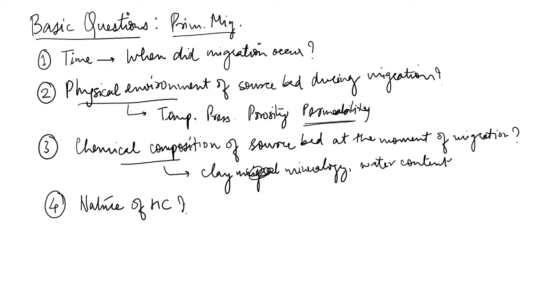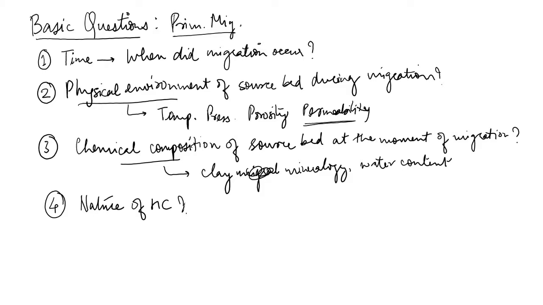The timing of migration: was it along with the burial, was it after the compaction of the rock, was it after maturation, or was it before maturation? Then, what was the physical environment of the source bed during the migration, meaning the temperature, the pressure, the porosity and permeability, and the chemical composition of the source bed at the moment of migration, that is, clay mineralogy and water content.